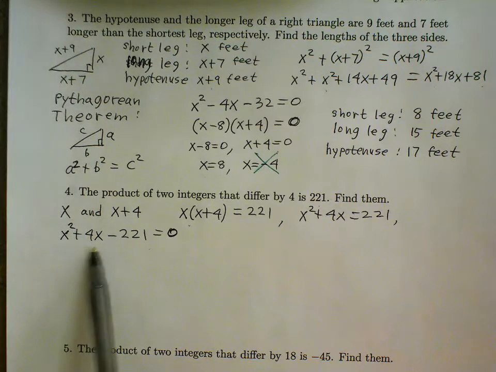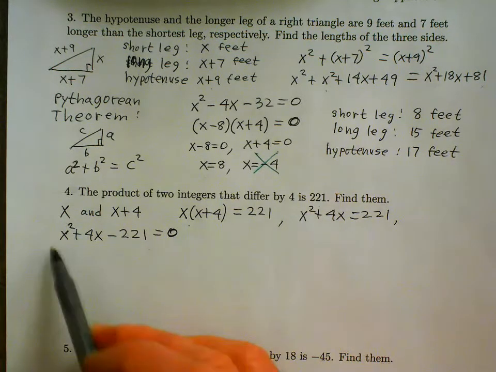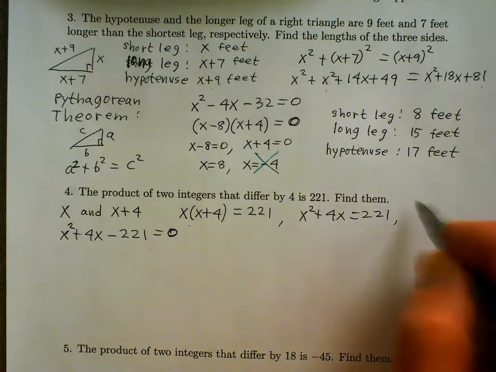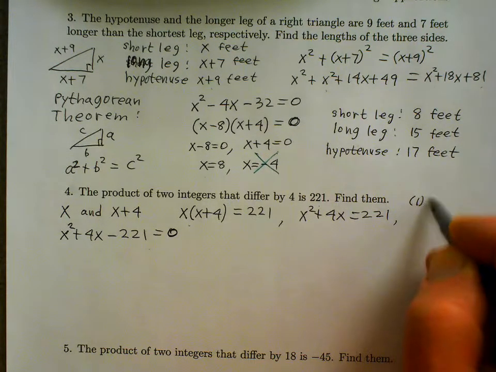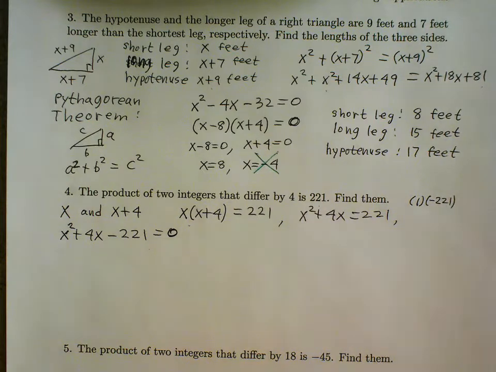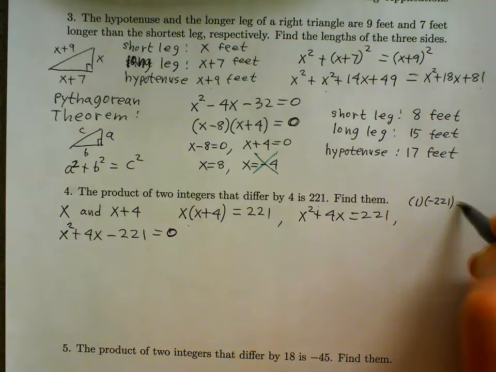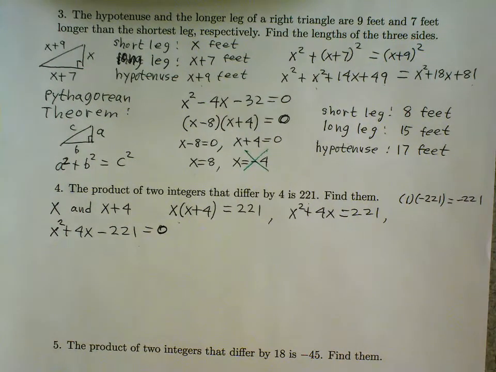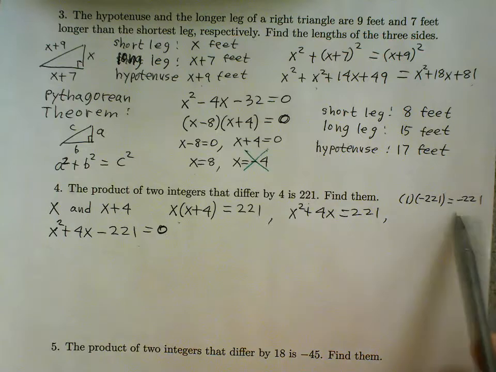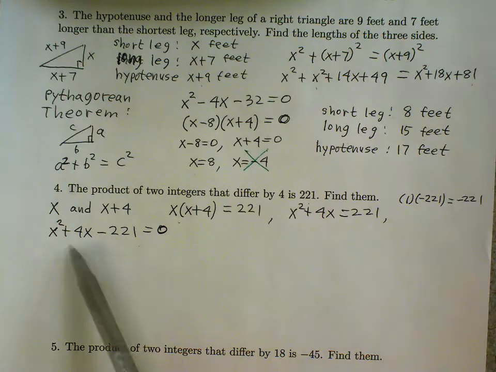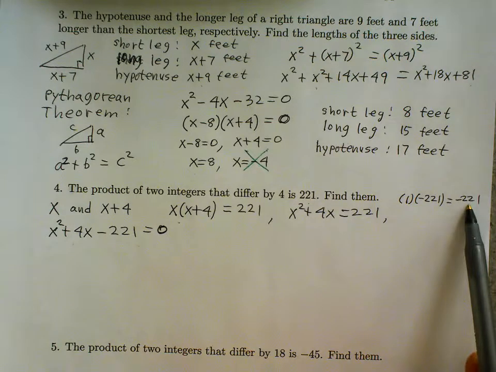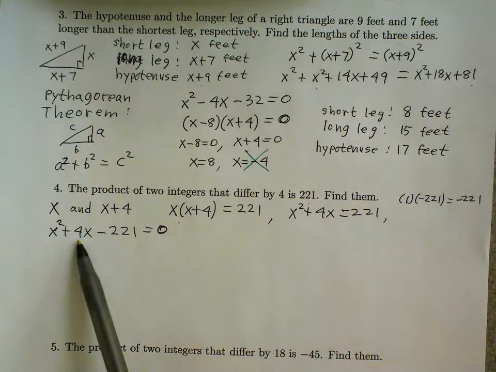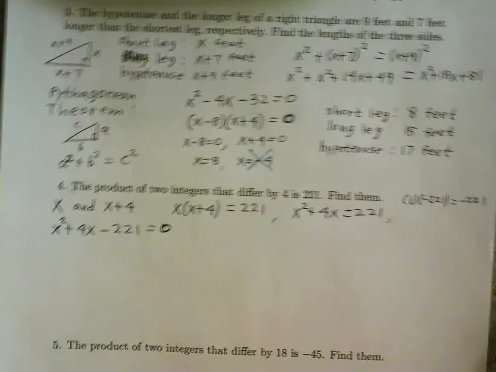So in the AC method, we multiply 1 times negative 221 to get negative 221. So we need two integers that have a product of negative 221 and a sum of positive 4. If the product is negative, one must be positive, one must be negative. If the sum is positive, the one with the largest absolute value is positive.